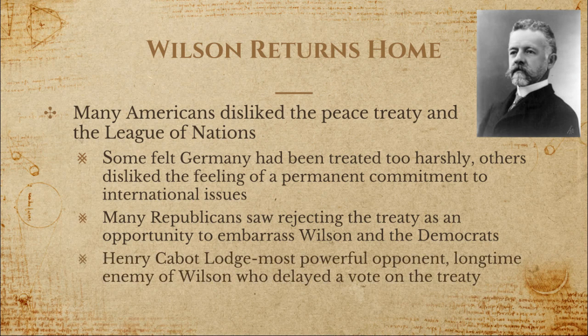And Republican Senator Henry Cabot Lodge was the most powerful opponent of the treaty and the League of Nations. Lodge was a longtime enemy of President Wilson, and he would do all he could to delay a vote on the treaty. And this would create doubt as to whether or not Congress would approve the peace treaty and America's entry into the League of Nations.